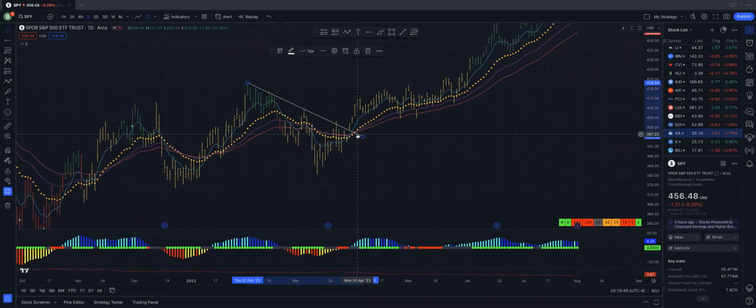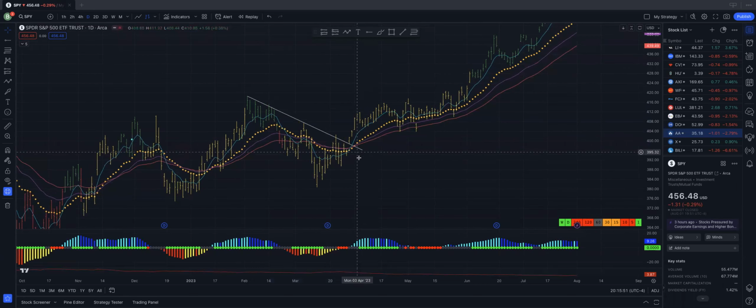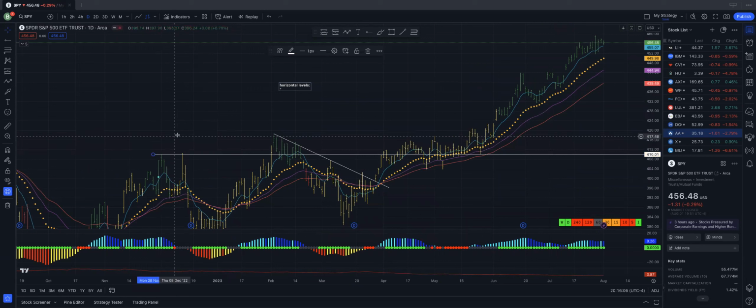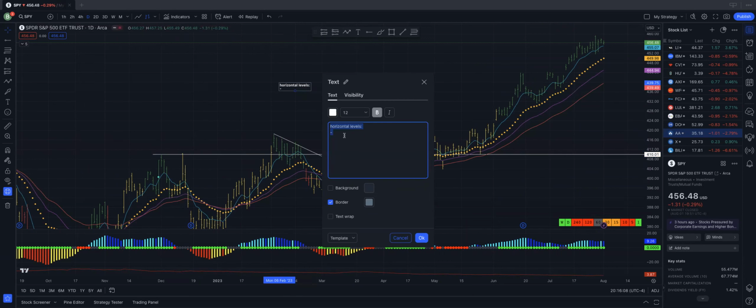So we're looking for multiple touches. So if we go ahead and write this out, this would be horizontal levels. So that would be like this here. Just for a rule in drawing them, turning point.